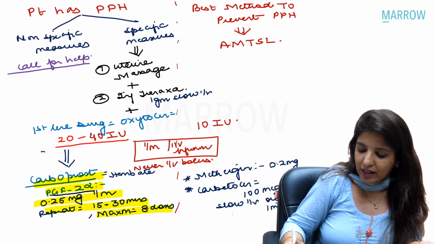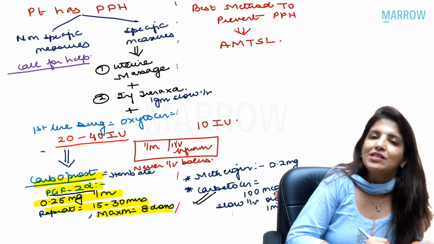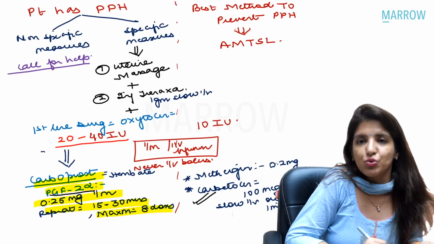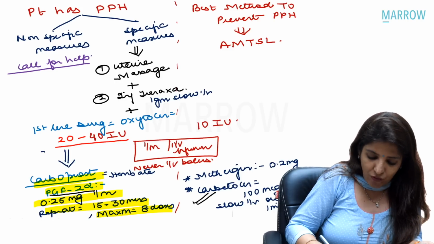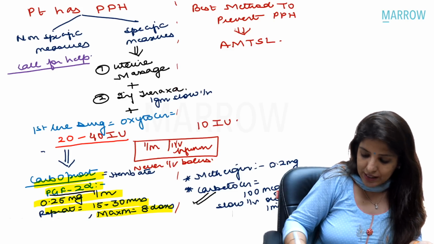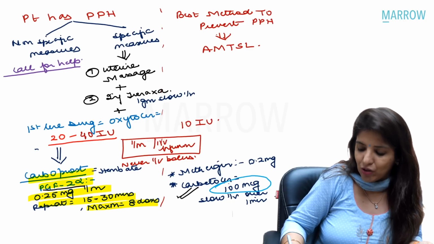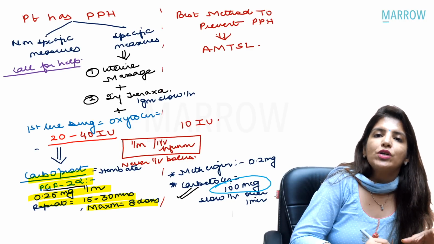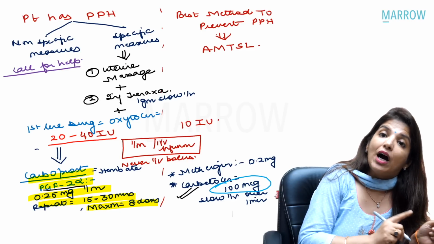Apart from that, you can give synthetic oxytocin. Synthetic oxytocin is carbetocin. The dose of carbetocin has been asked in your exams, and it is 100 micrograms. What you tend to do is confuse carbetocin with carboprost.